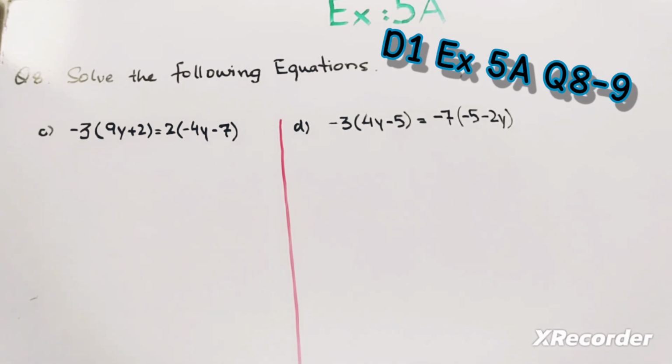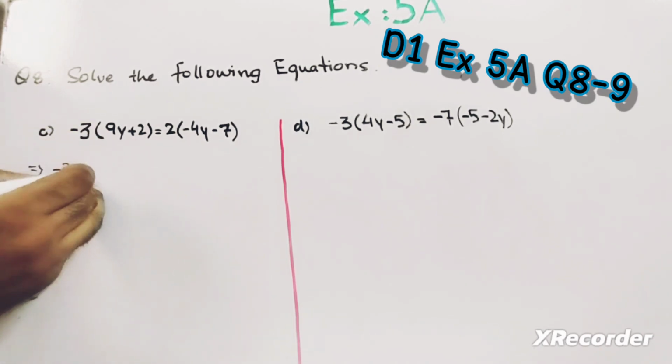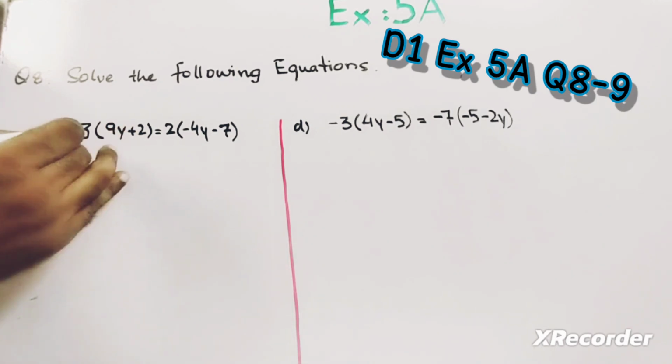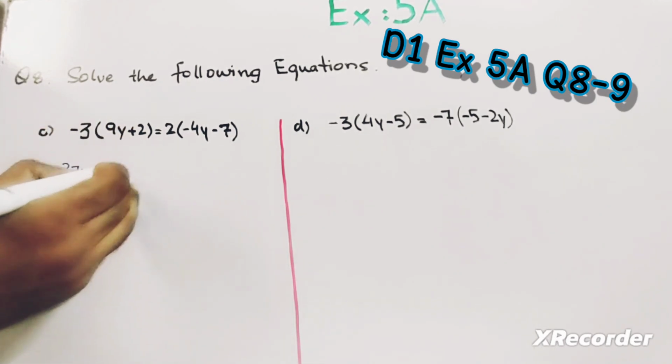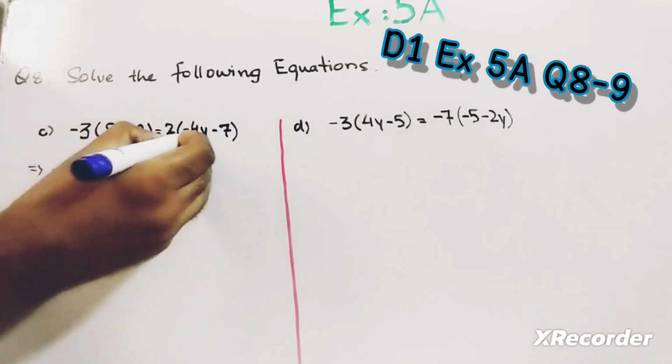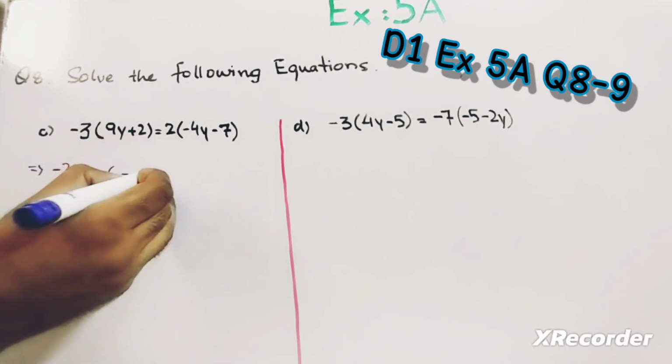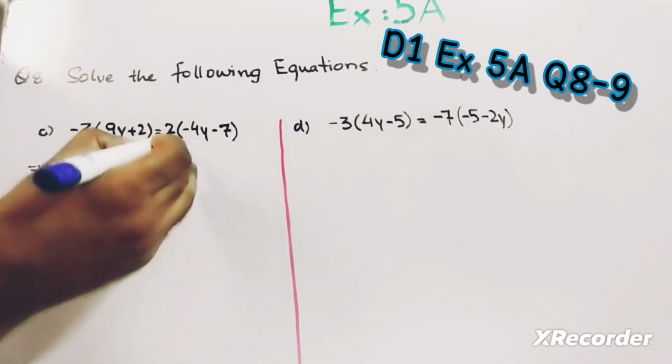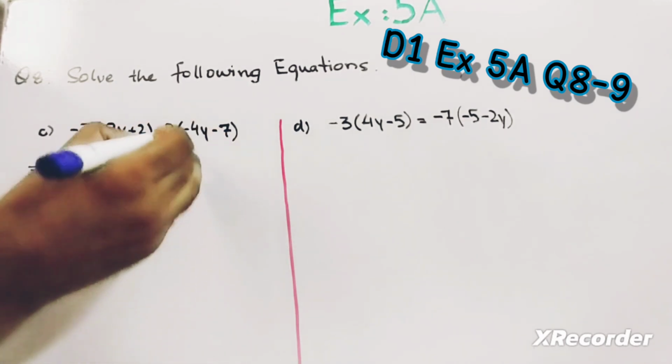Now moving to part C, minus 3 bracket 9y plus 2 is equal to 2 bracket minus 4y minus 7. Let's start by opening the bracket. Minus times plus 3 times 9y is minus 27y, minus times plus 3 times 2 is minus 6, is equal to plus times minus 2 times 4y is minus 8y, plus times minus 2 times 7 is minus 14.